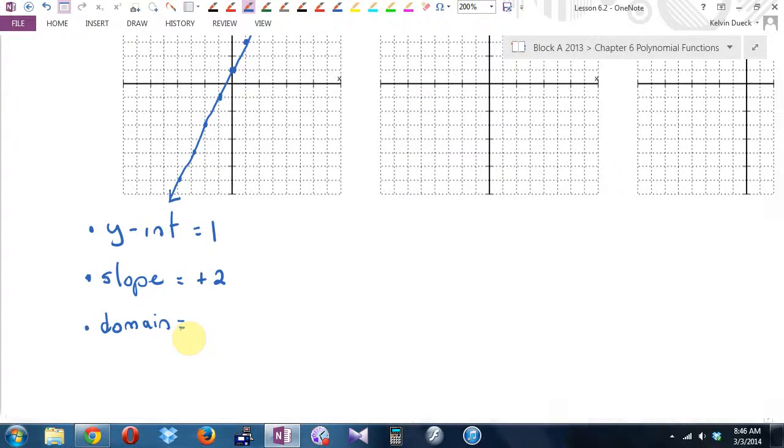What's the domain of this? Well, we said for any line, as long as it's not straight horizontal or straight vertical, those are the exceptions, the domain is going to be all reals, and the range is going to be, range, Mr. Dueck, don't use x, use y.